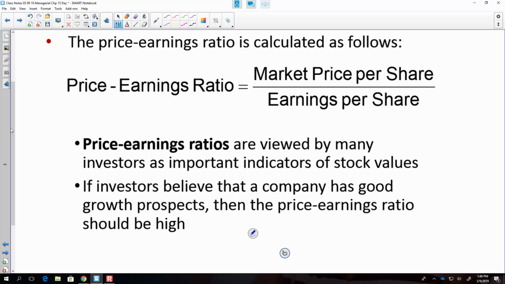So a simple division, and the only thing here, guys, is if you have the earnings per share incorrect, obviously the price earnings ratio computation will also be incorrect. So be careful with this. It's a double whammy because a lot of these problems have both ratios in them. So if you get the earnings per share wrong, you're never going to get the price earnings ratio correct.